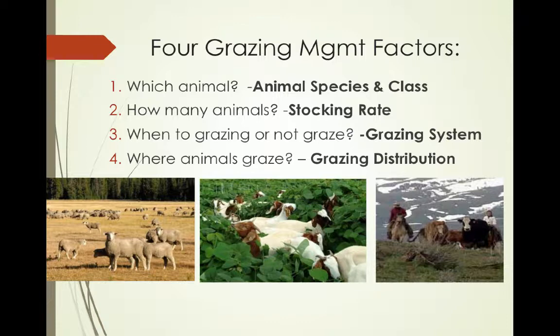The second major consideration is stocking rate. So, a total of how many animals. A lot of times, as producers, we find ourselves in the situation of like we have a certain amount of animals that we need to find feed for. So, if you're in a federal lease, a lot of times you'll have limits on animal units that you need to have on a certain allotment or permit.